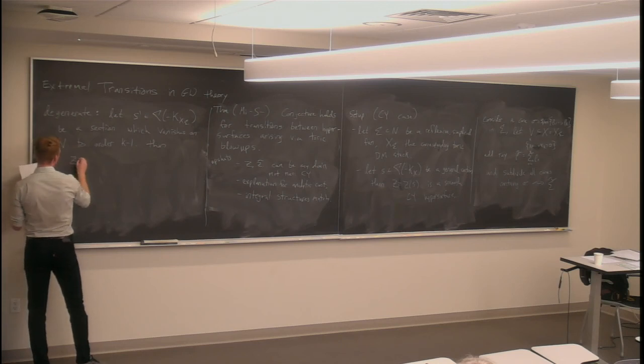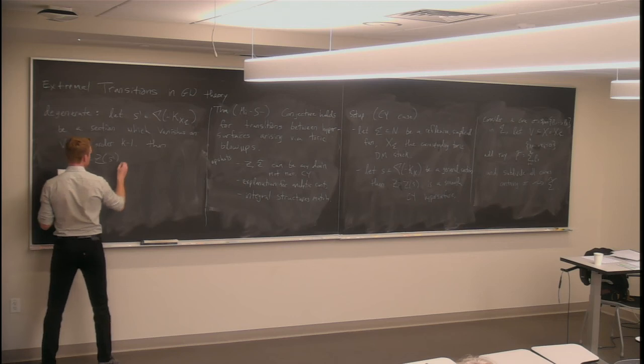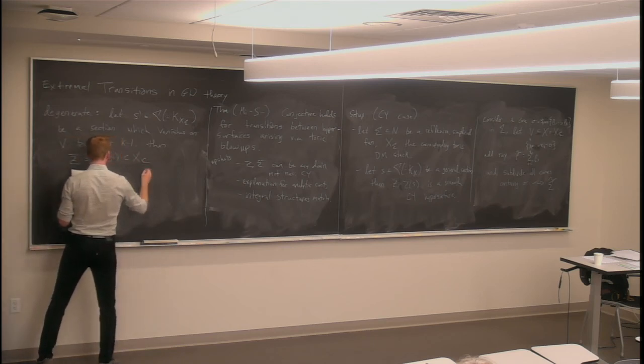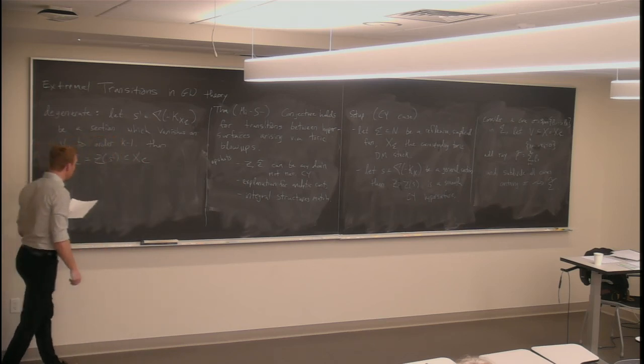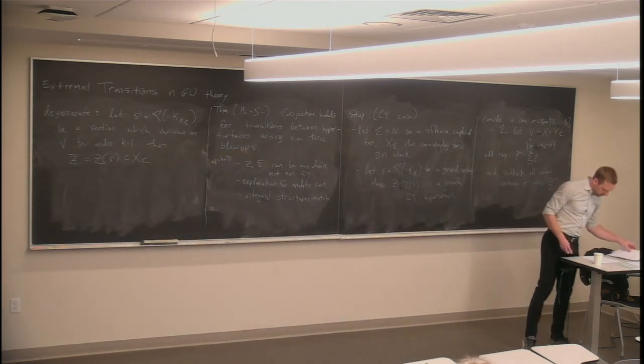And if I do that, then my Z bar is going to be the vanishing locus of S prime, which might attain singularities along V.